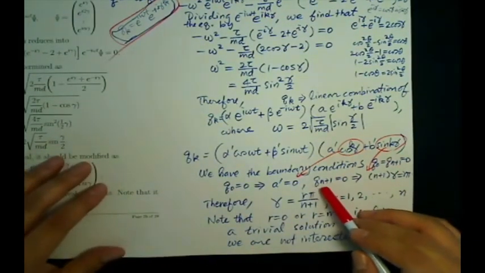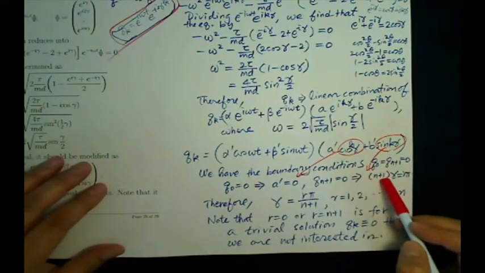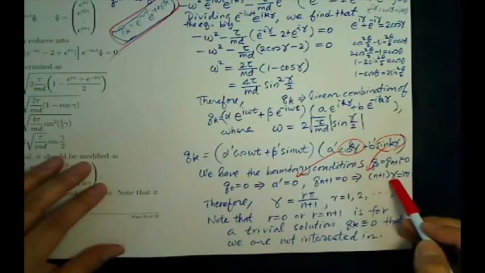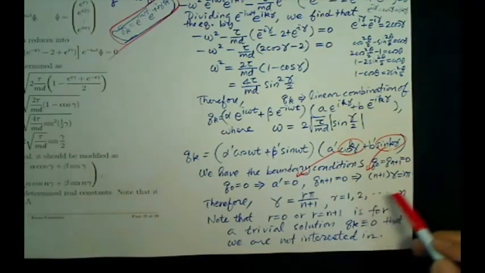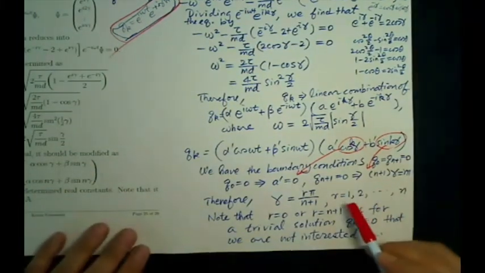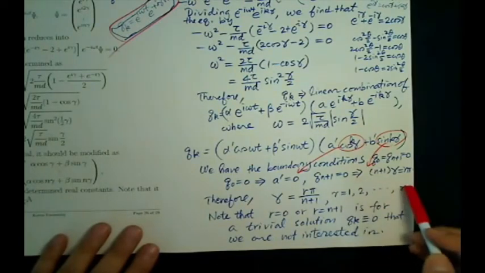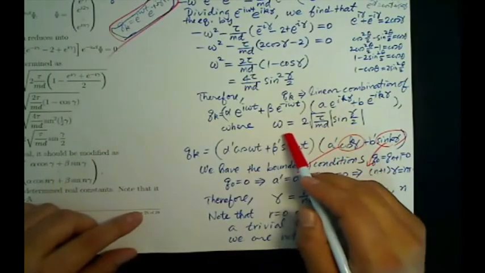constraint, Q n plus 1 equals 0. If we substitute k equals n plus 1, then sine (n plus 1) gamma must vanish. That means it is r pi, where r runs from 1 to n. The reason why we take these n values is that it determines the characteristic frequency.